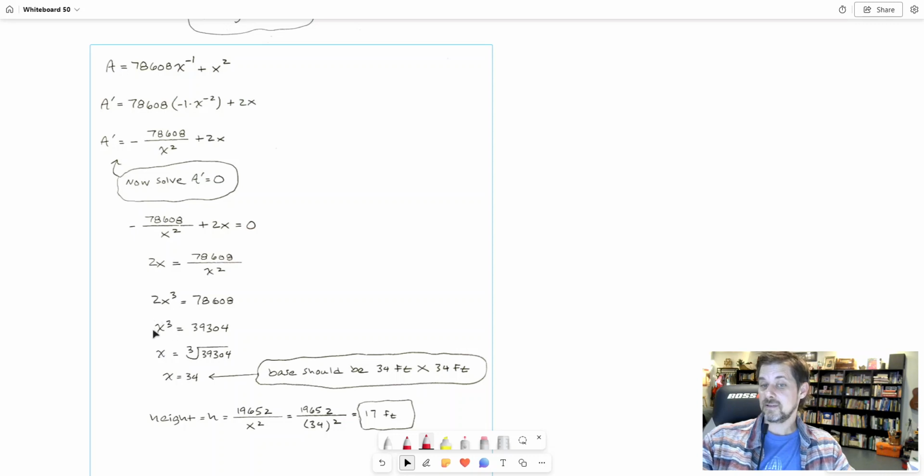And now to solve for x, if I have x to the third power is 39,304, how do you think you solve for the third power? You apply the third root to the number on the other side. So I got to do the third root of 39,304. With my calculator, I got 34. So that's x. That tells me the base should be 34 feet by 34 feet.